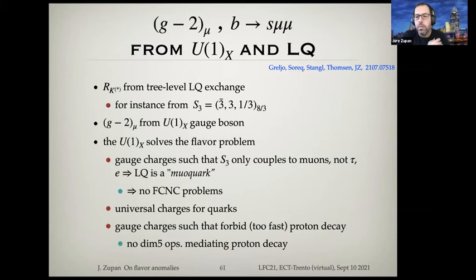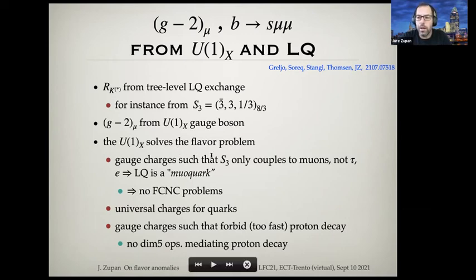Why this is useful is because if you introduce a U(1)_X, this can then explain why there is no mu to e gamma. So why there's such a hierarchy between the G-2 of the muon scale and the absence of mu to e gamma.